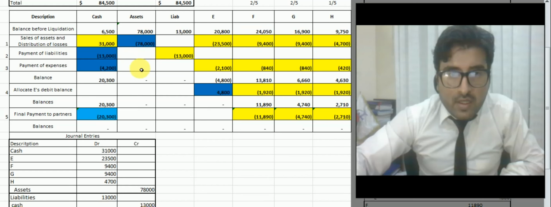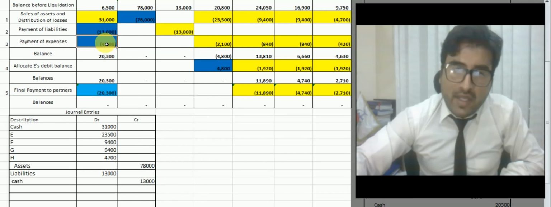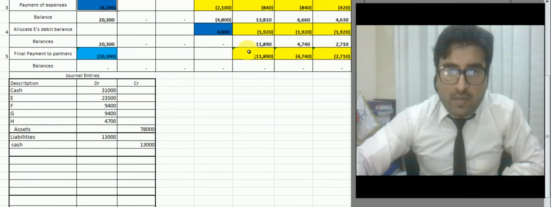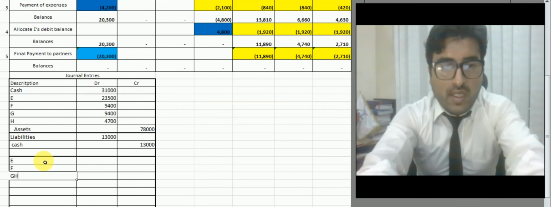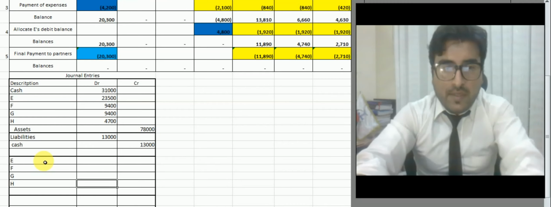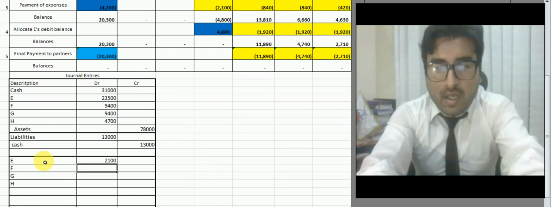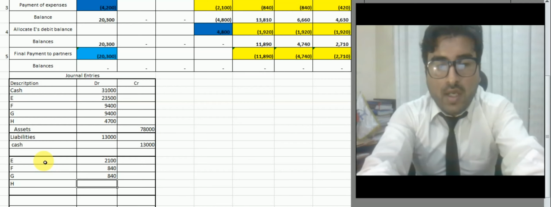The second one, now we have expenses, payment of expenses. So in the expenses, look here, we have the cash, right? So the cash here credited, because we have paid, this is negative. And what is debited? E, F, G, H debited. So expenses E, F, G, H debited, okay. How much? E 2,100, okay, 840 and 420.